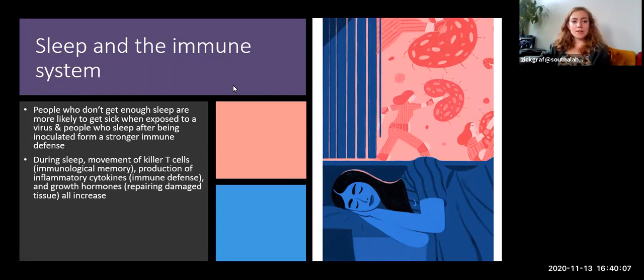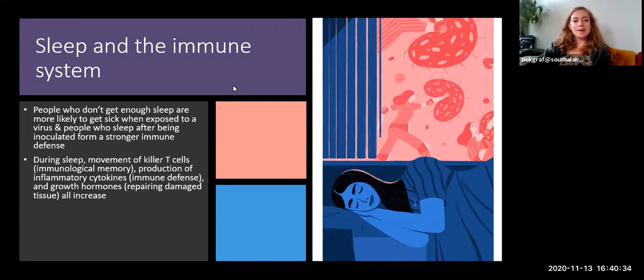So what's happening is that during sleep, certain pro-inflammatory changes in the body are happening. Killer T cells, which are the part of our immune system that targets external bacteria and viruses and destroys them, along with inflammatory cytokines, which are actually the mechanism that does the destroying. The T cells just tag the invader and call the cytokines in to take care of it.